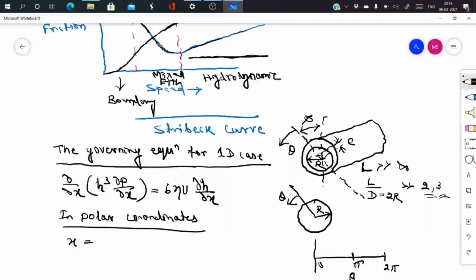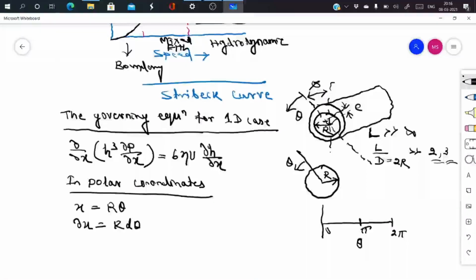X equal to r theta, so dx equal to r d theta. Then your governing equation becomes, if you substitute on the top, del by del theta of h cube del p upon del theta equal to 6 eta u r del h upon del theta.